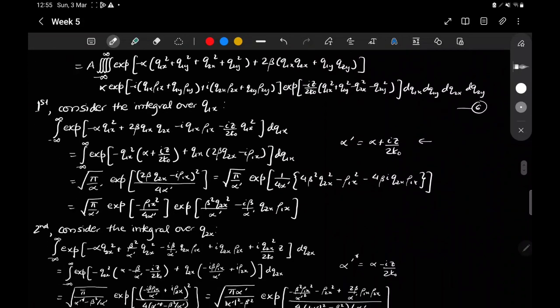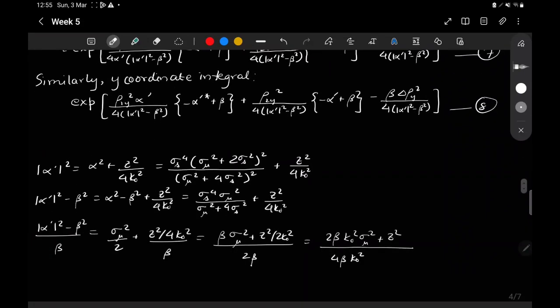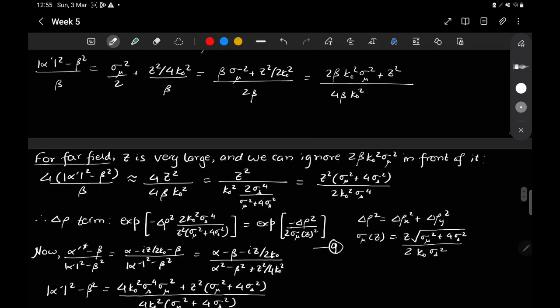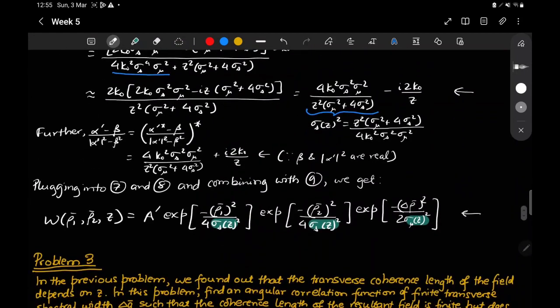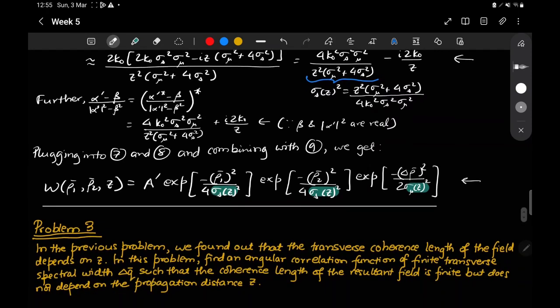Again, using some manipulations to solve the integral, as well as some approximations for far field. For far field, z is very large, so we made use of certain approximations. After all of those manipulations and approximations, this is the expression that we get for the cross spectral density function at very large z.